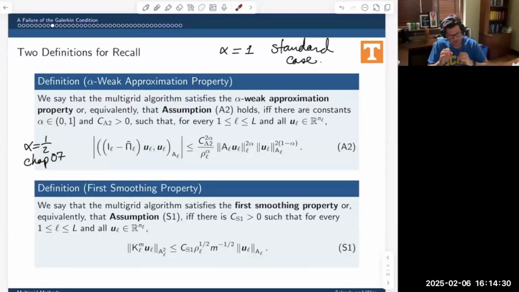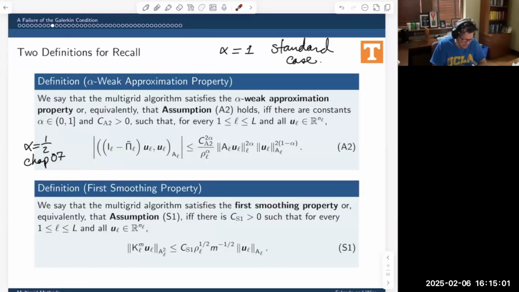And so I want to show that in the A_L norm, or energy inner product, this quantity is small in a certain sense. Now, one thing I want to point out is when we no longer have the Galerkin condition holding, then this guy is no longer a projection matrix. And so this object here is no longer non-negative. So we have to put absolute values around that. That's an important point.